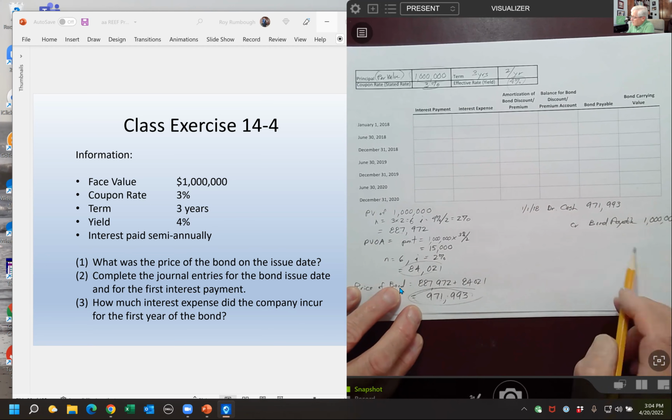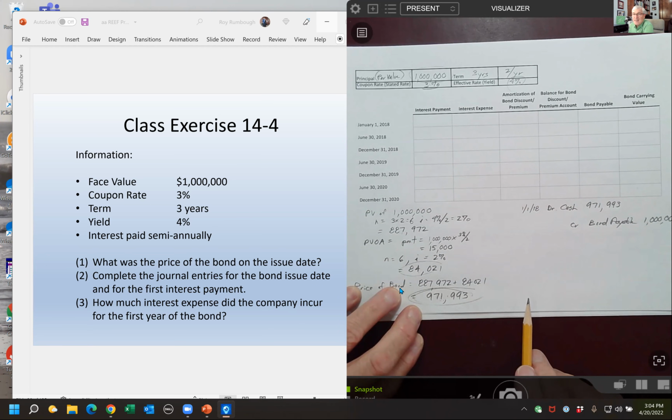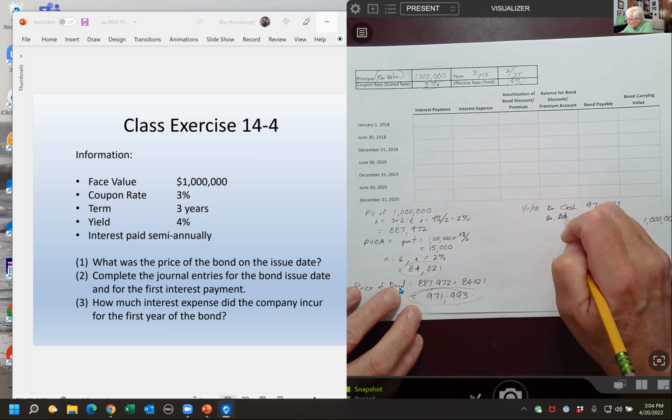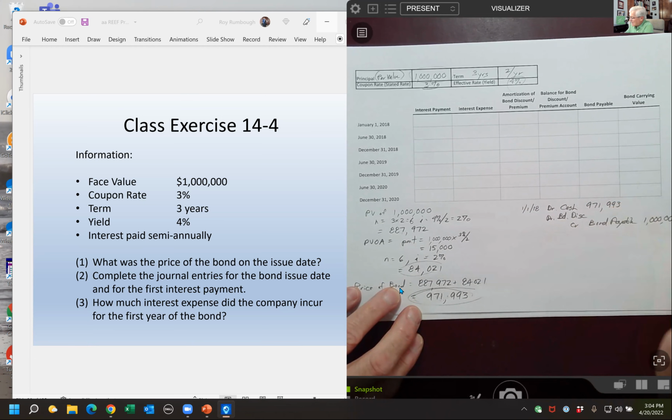By the way, if you do it this way, like I'm doing it, it's really clear that a debit is required. And bond discounts are debits, but you've got to make your debits and credits equal.